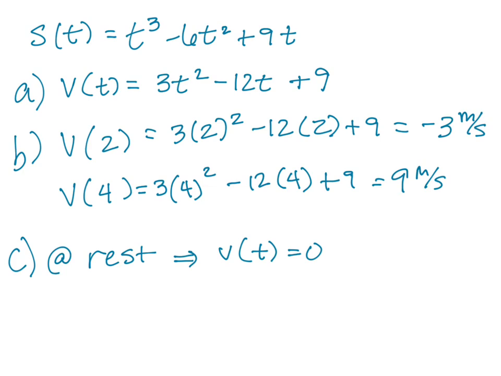So we can set our v of t function, 3t squared minus 12t plus 9, equal to 0. If I were going to try to solve this, I would factor out a GCF first. What is the velocity at time t equals 0? That's a different question. The question is, when is it at rest, which means its velocity equals 0. Does that make sense?